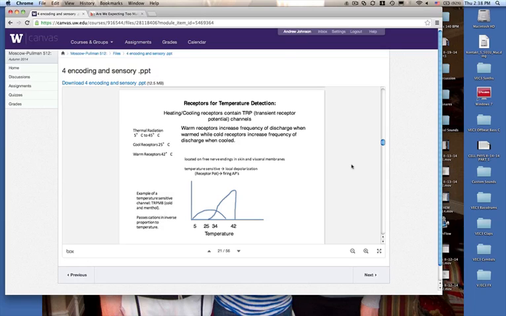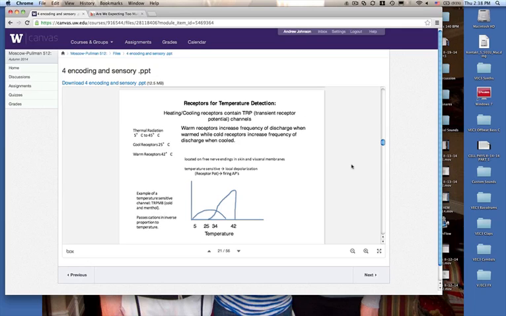The heat-sensitive channels are going to peak around 42 degrees. Actually, at this temperature, you'll start to activate these channels again because you're starting to damage them. So sometimes heat can feel cold, and that's because you're damaging some of your cold receptors.